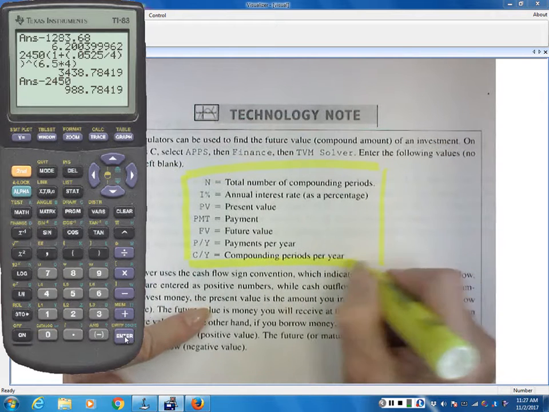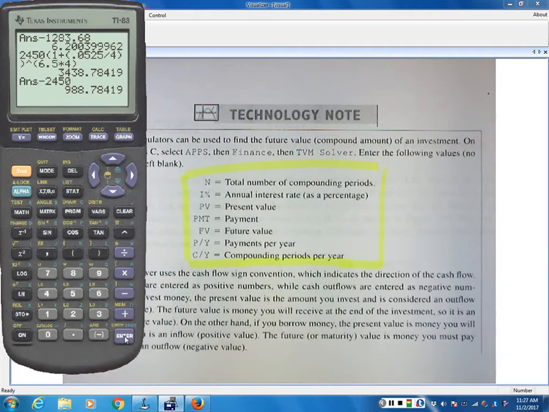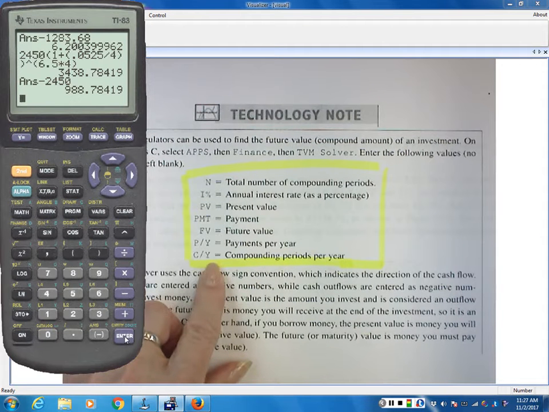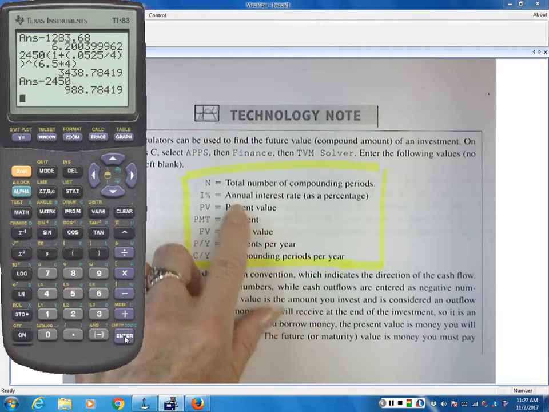So every time you start a problem, once you start using the calculator, you need to be able to pick out all of these different values. One of these will be something that you don't know, and that's what you're going to have the calculator solve for. You may not know the annual interest rate.